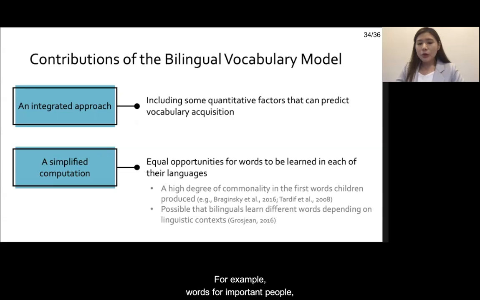For example, words for important people, social routines, and common nouns are among the first words children acquire across languages and cultures. It is therefore reasonable for our model to expect that bilingual children would be exposed to a similar set of references and labels in each of their languages. However, future study may look into the possibility of how having different linguistic experience in each language would affect translation equivalent learning.